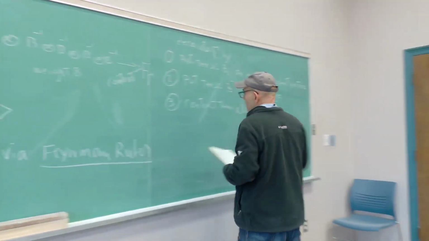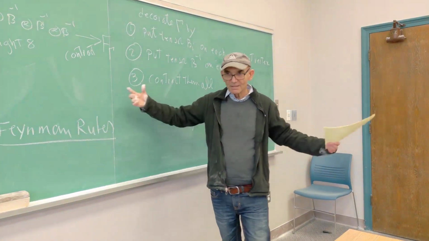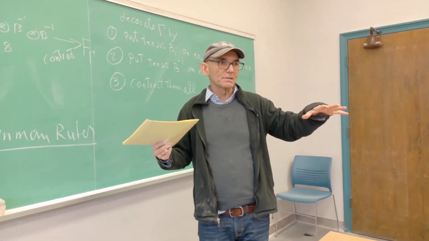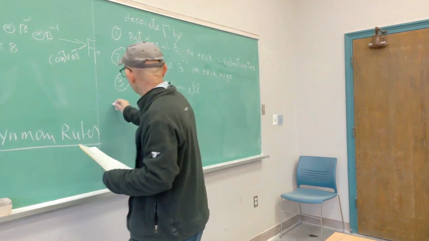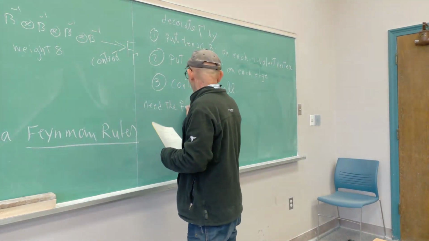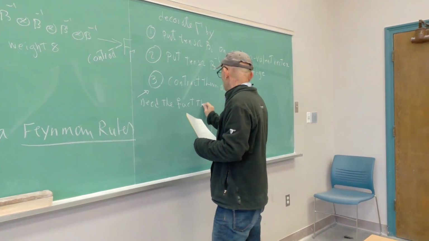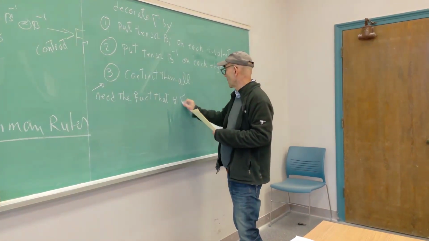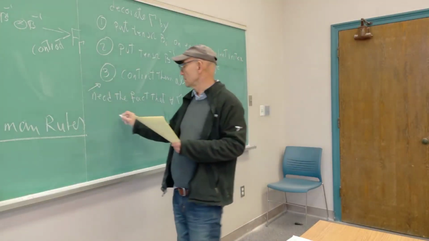Then you notice that for rule 3 to make sense, you must make sure that for any graph gamma belonging to G_n, twice the number of edges is equal to the sum of the valences of all vertices.